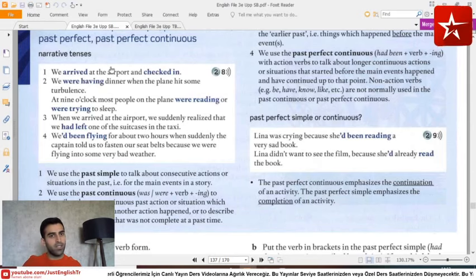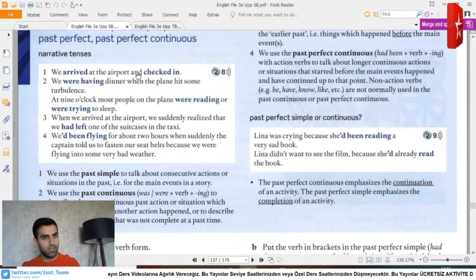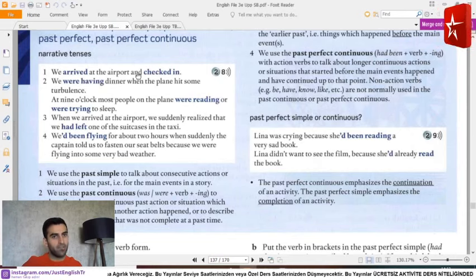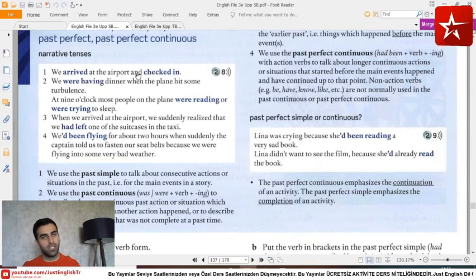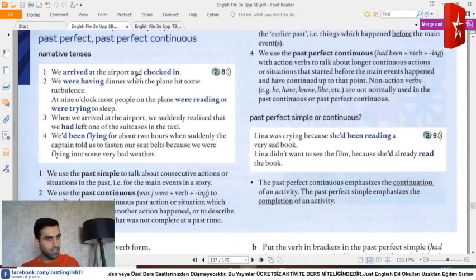Like we arrived at the airport and checked in. The first action happened and then the second started and finished, in order. We arrived and then we checked in. We arrived at the airport and then checked in. I came home and I ate my dinner. I went to Justenglish and I started learning English.